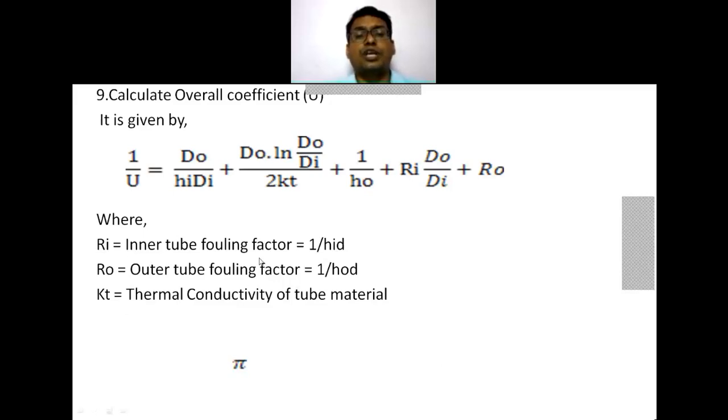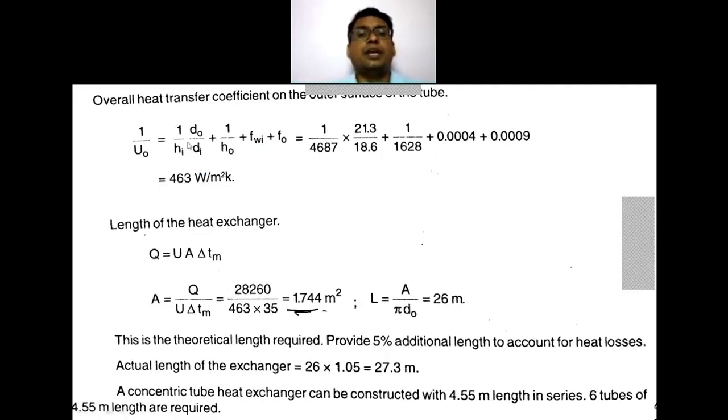So R_i for the inner tube fouling factor is 1 upon h_id, then R_o, the outer tube fouling factor, is 1 upon h_od. And K_t is the thermal conductivity of the tube material, as it's copper, so this term can be neglected. The remaining is 1 upon h_i, D_O upon D_I, plus 1 upon h_o, plus F_wi plus F_o, that is the fouling factor on the water side and the fouling factor on the oil side. So the total U_O comes as 463 watt per meter square Kelvin.